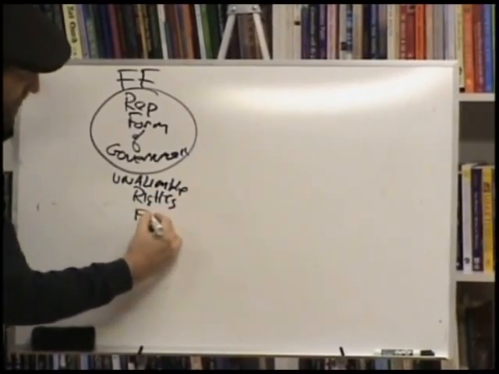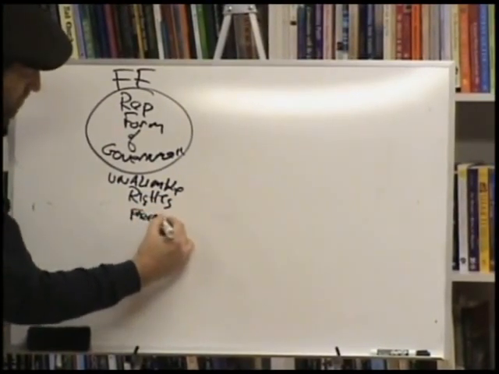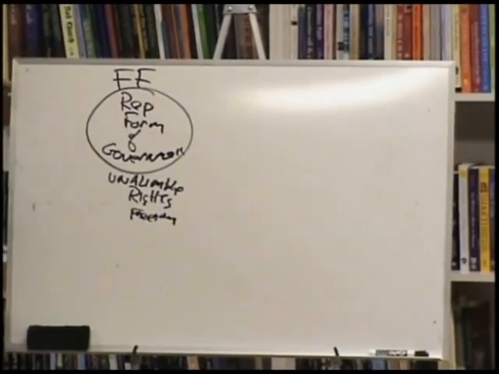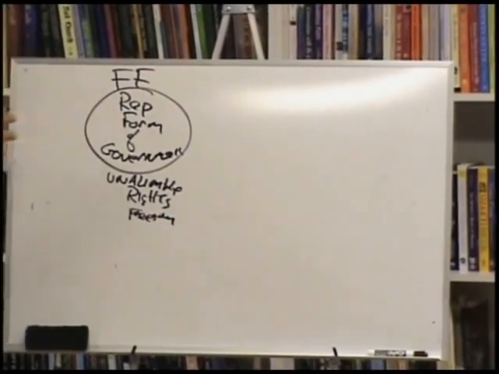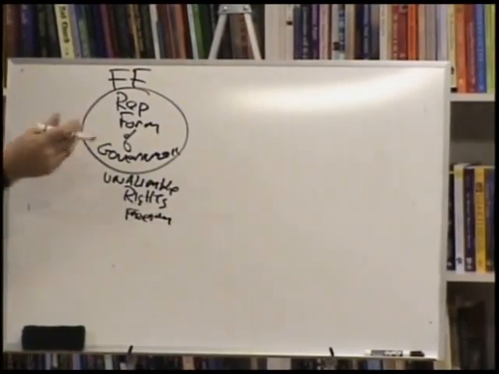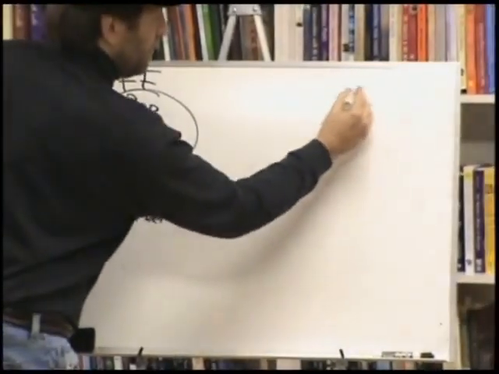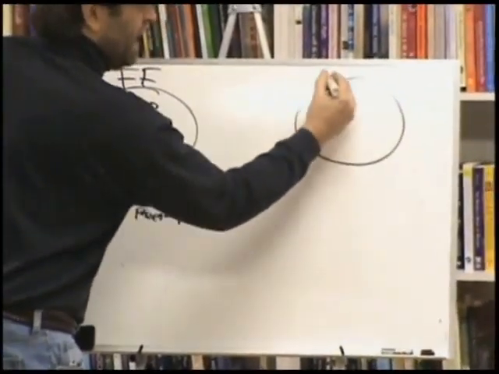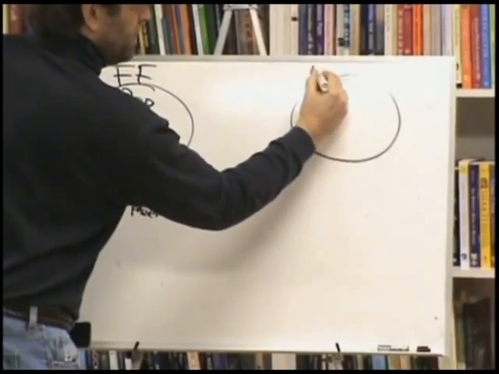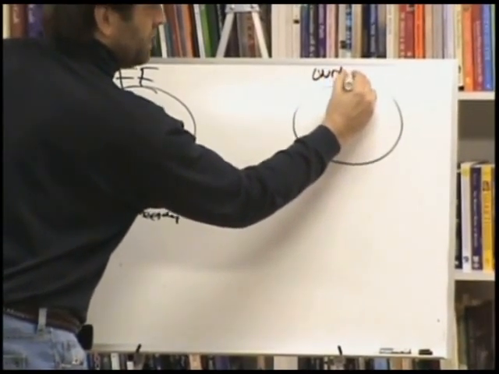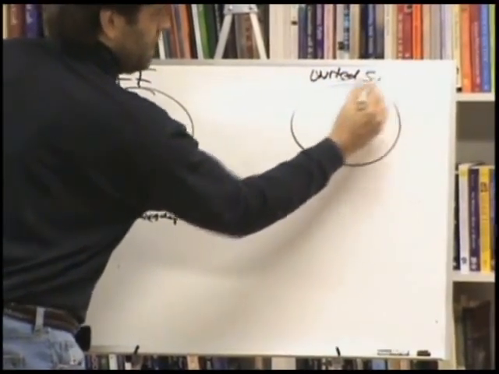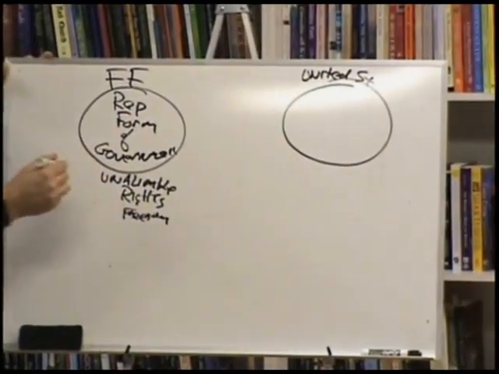This is where freedom is. Okay? This is one system. This is the system that the Founding Fathers created. Here is another system. This is called the United States. You see they're separate, by the way, for a reason.